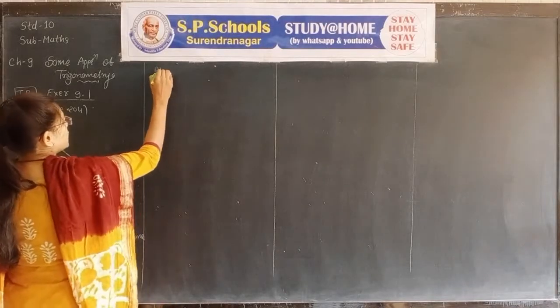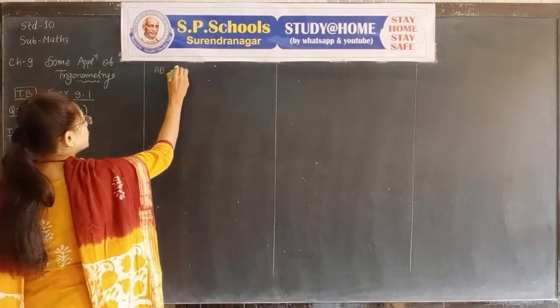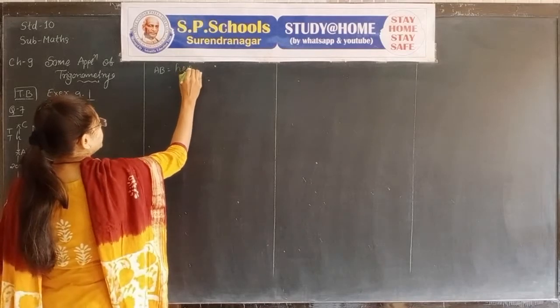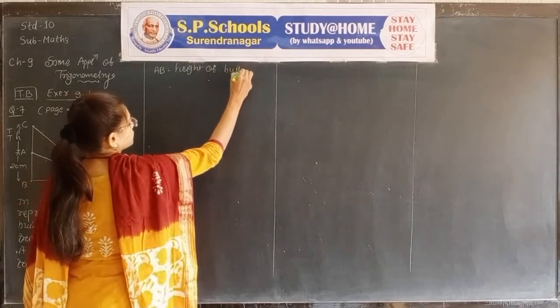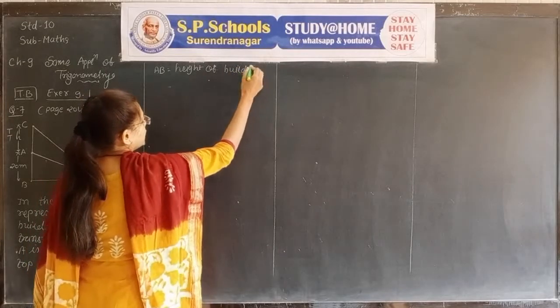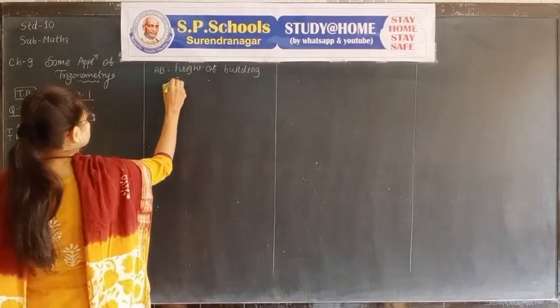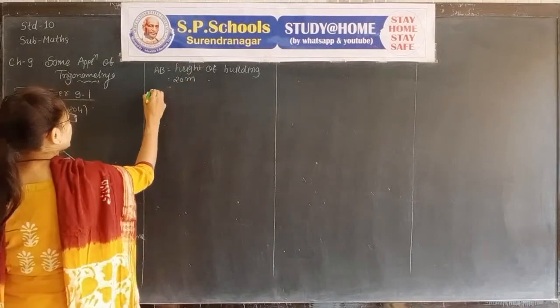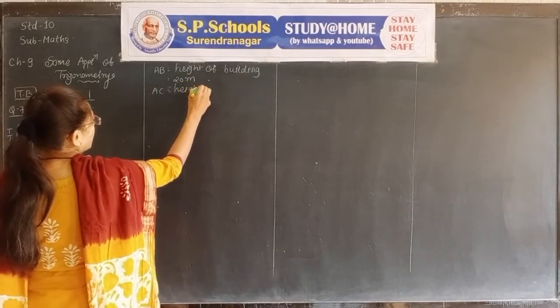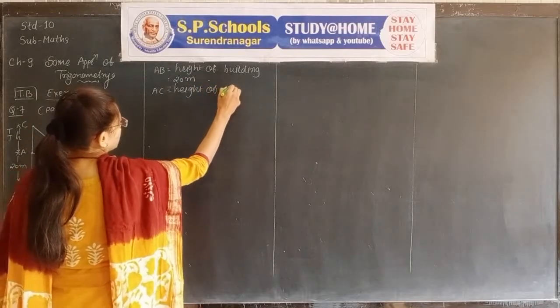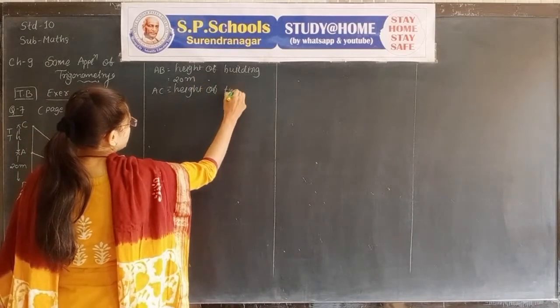AB is equal to the height of the building, given 20 meter. AC is equal to the height of the transmission tower.